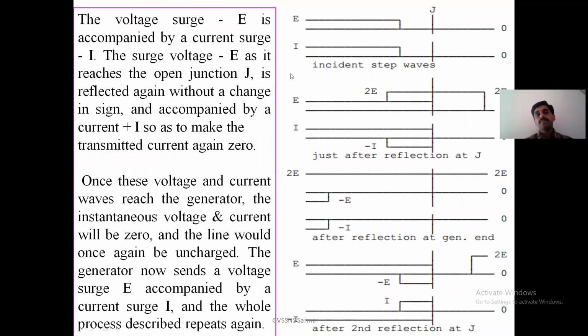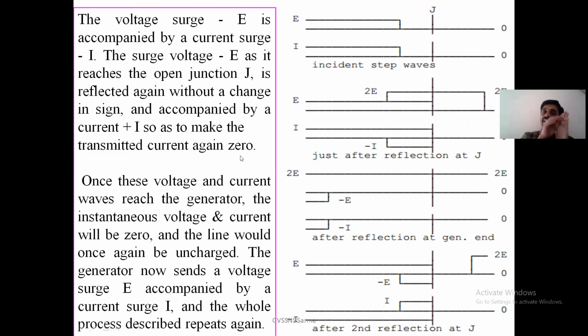So another case, the voltage source surge minus E is accompanied by the current surge minus I. The surge voltage minus E, as it reaches the open circuit junction J, is reflected again without change in sign, and accompanied by current plus I, so as to make the transmitted current again 0.